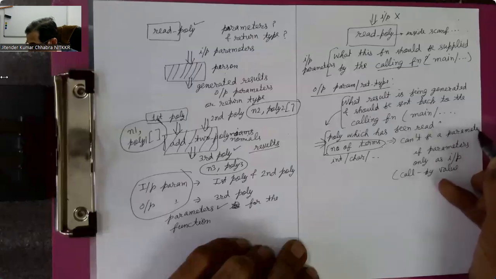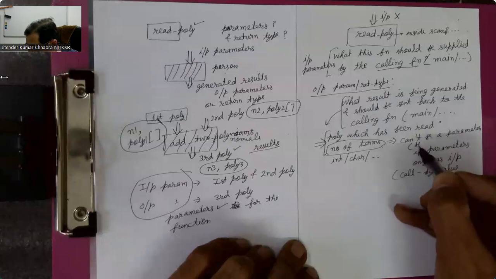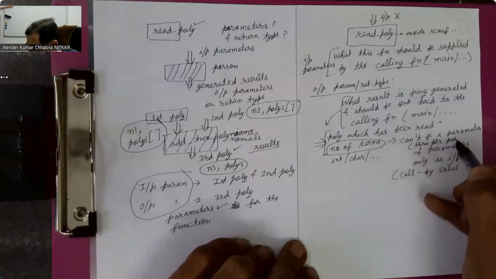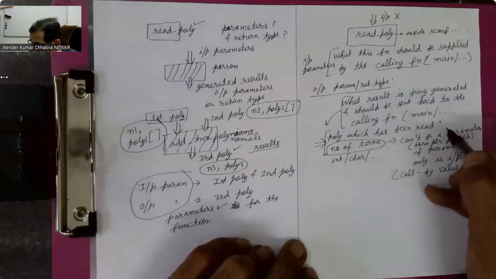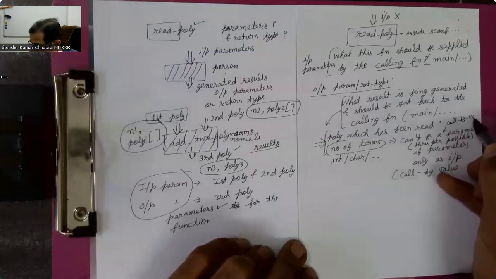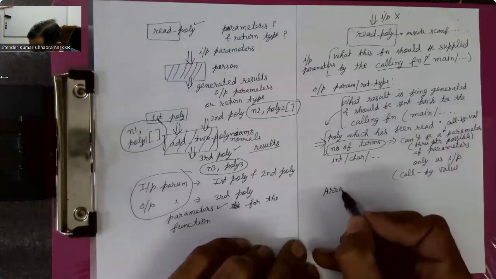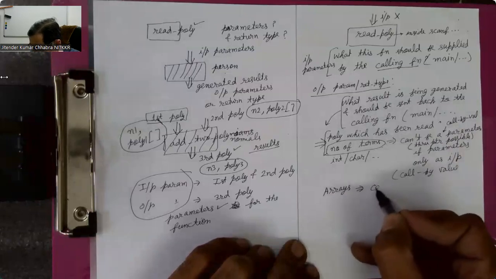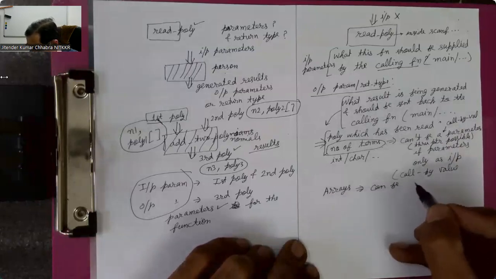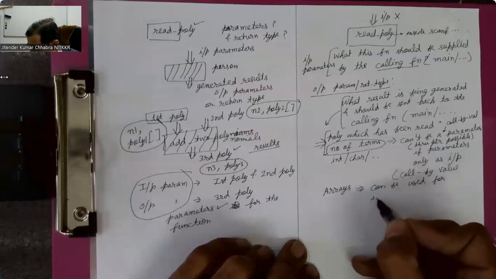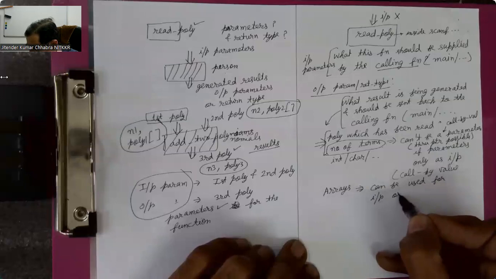For the time being, it can't be a parameter. Of course, through pointers, it will be possible. Without that, no. So it cannot be a call by value parameter, to be precise. But the good part is arrays can be used automatically, without any problem, for input as well as output parameters.